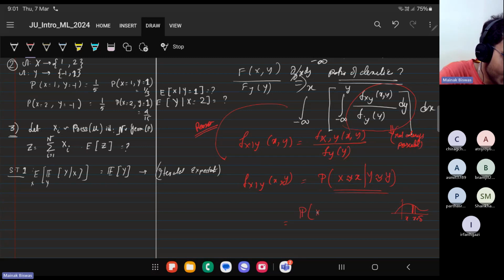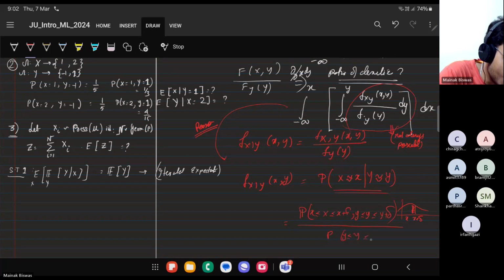So x has to be between x and x plus epsilon or x plus delta, and y between y and y plus delta, right? Agreed? This I can write using Bayes rule. Now you tell me what will be the numerator.